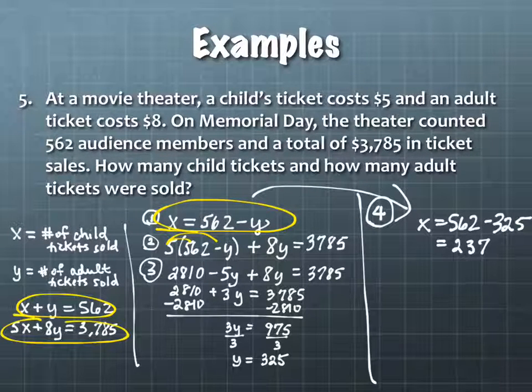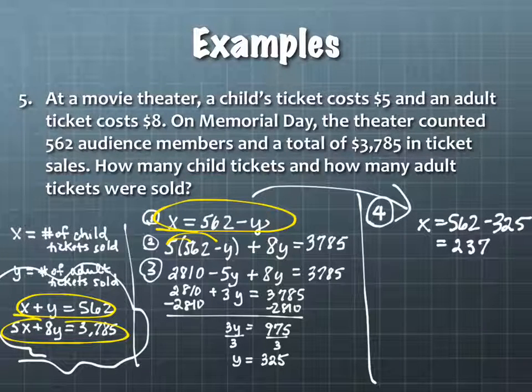237. Okay, so now we're going to check it. I'm going to have you check it with your calculators because these are larger numbers. We're going to make sure that it actually works in the original equations over here. So if I take 325 and add 237, do I get 562? Okay, so it works in the first one. Now you're going to have to do the calculation with the multiplication.